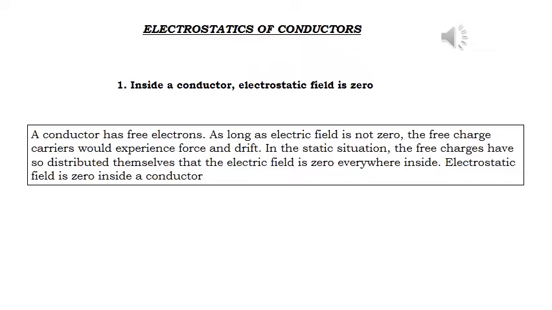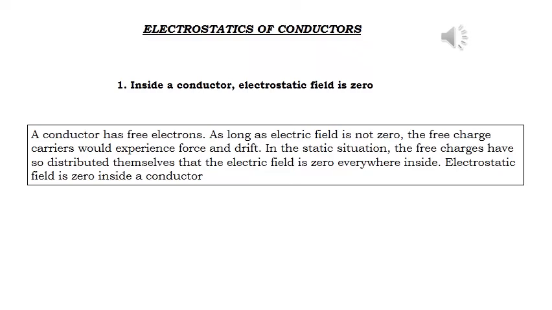If we discuss the electrostatics of conductors, the first point: inside any conductor, the electrostatic field is 0. Why? Because inside the conductor, the electric potential at the surface or inside is constant. So look at the explanation given. A conductor has free electrons.